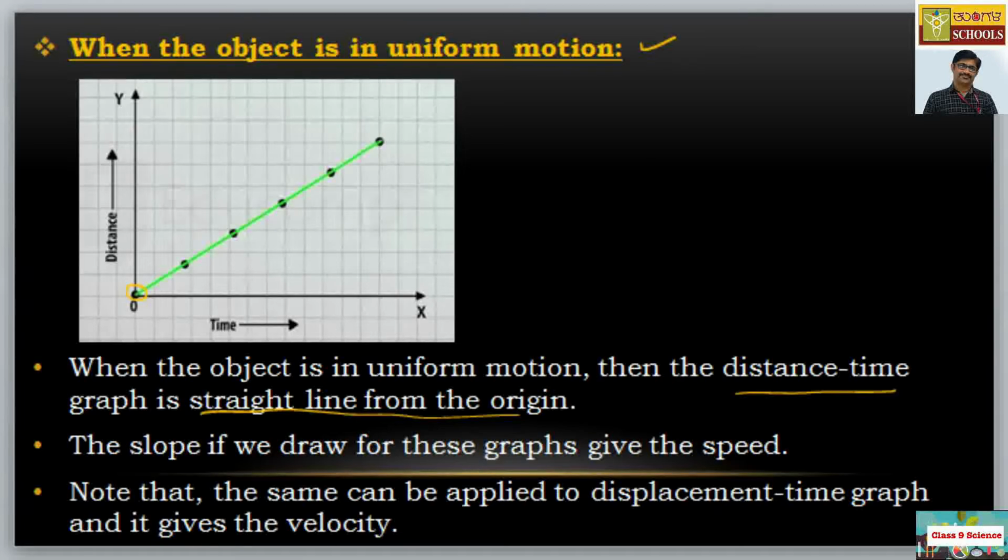If you draw the slope to these axes, time and distance axis, you will get the speed. How do you plot a slope? You already knew it. So if this is the point, I am drawing this like this.